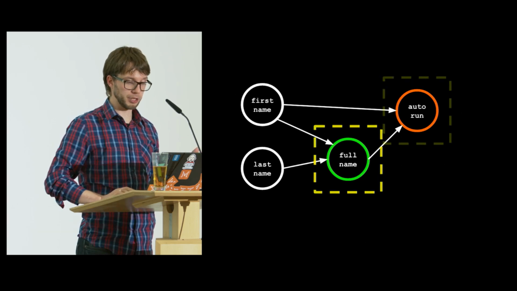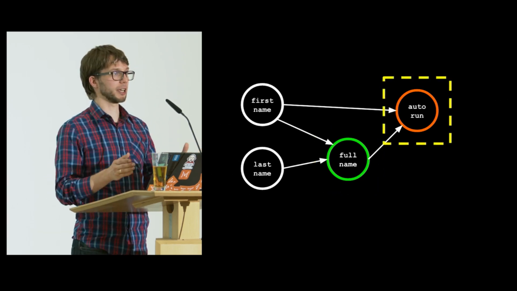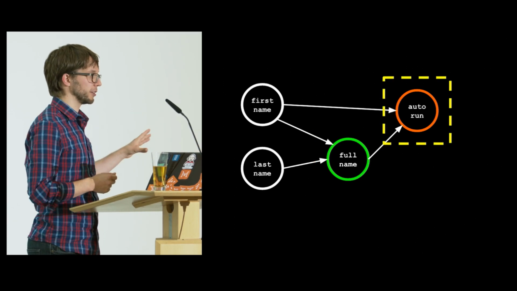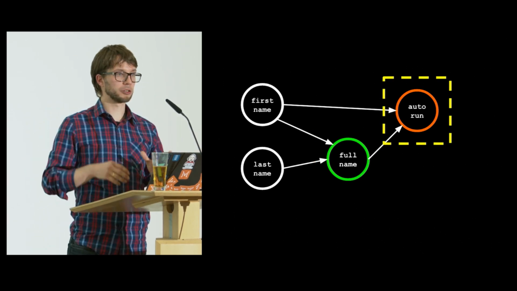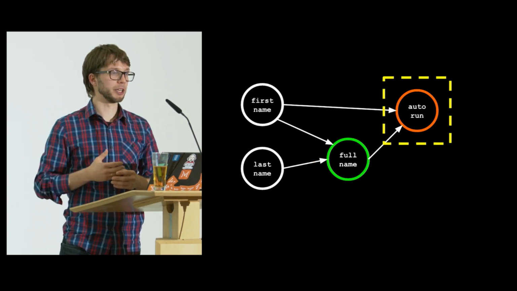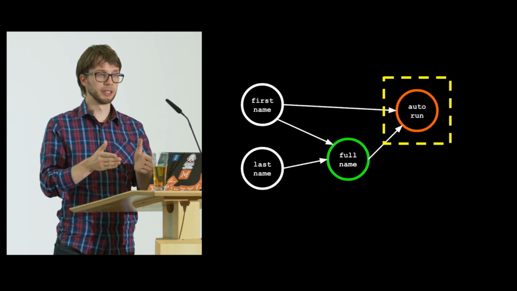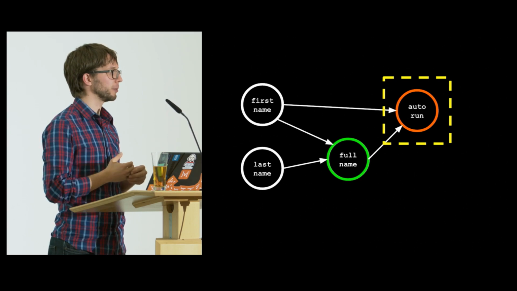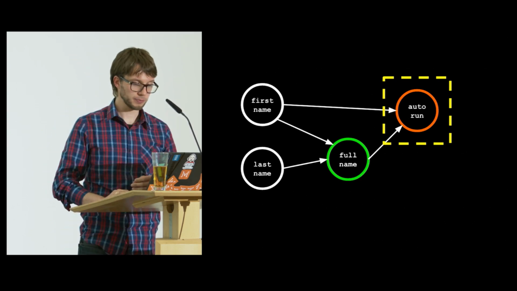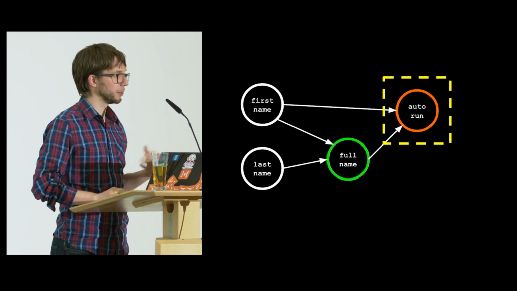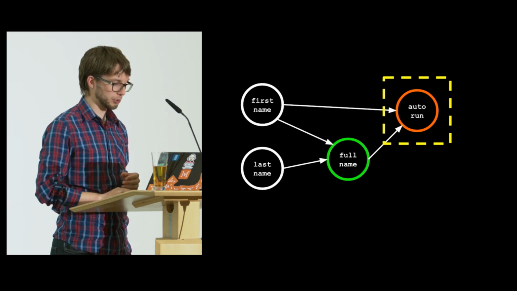But because the full name changes, the autorun is triggered again. So we have now one change in the first name, but the autorun has run twice, and one time with an inconsistent value of full name. And as usual, we don't notice that, but that's what in reactive programming is called a glitch. There was an unnecessary run of the autorun based on inconsistent data.